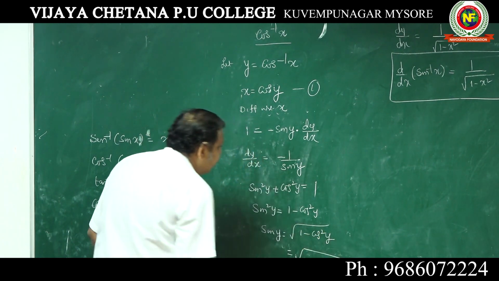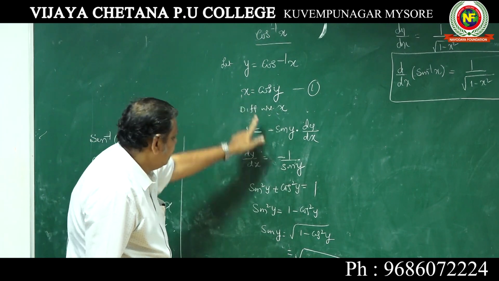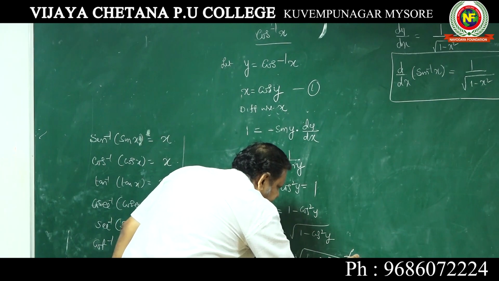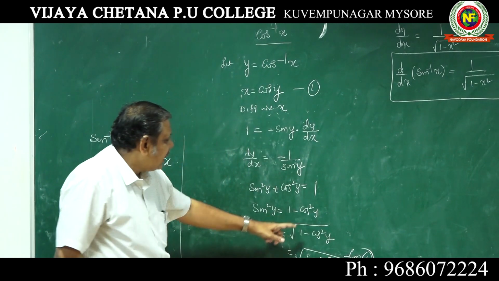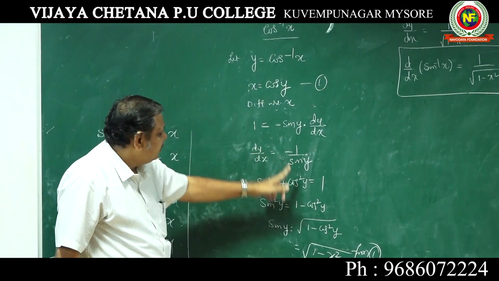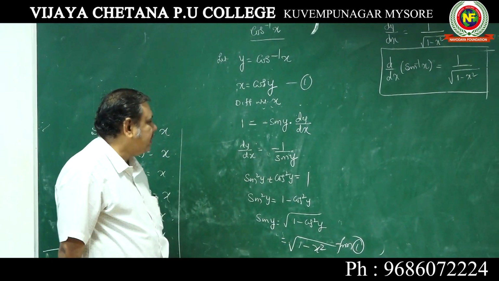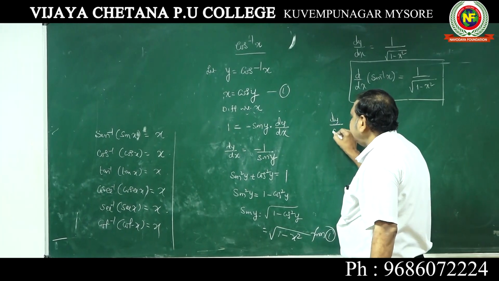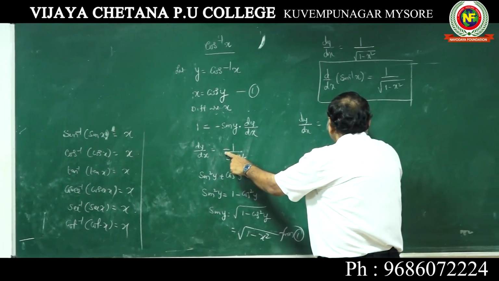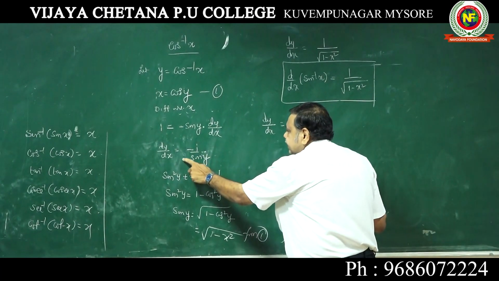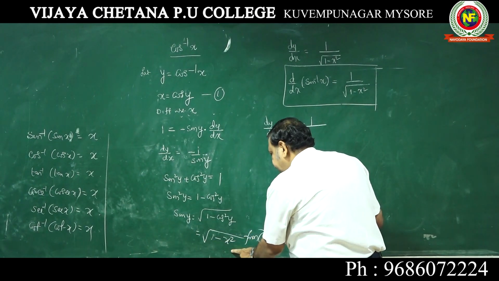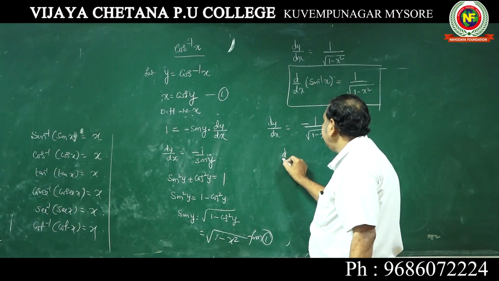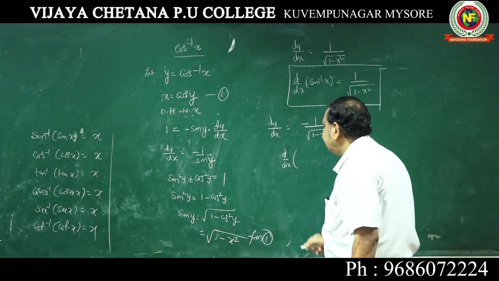Cos y is nothing but x, so it is root of 1 minus x square. Now dy by dx equal to minus 1 by, instead of sin y, you substitute this one, root of 1 minus x square.